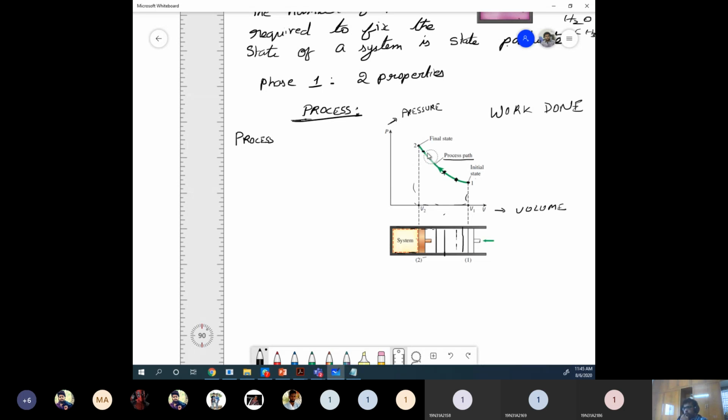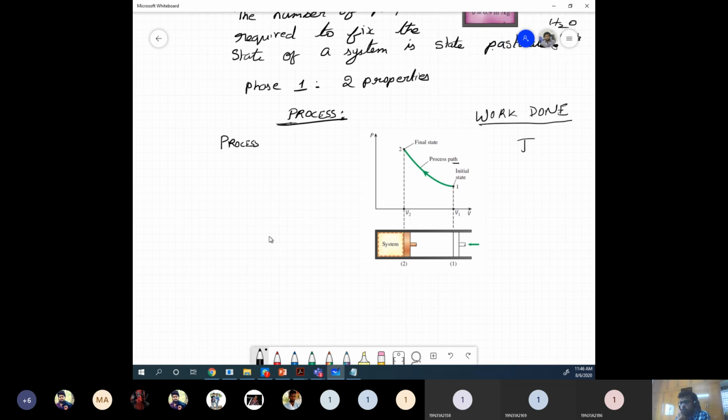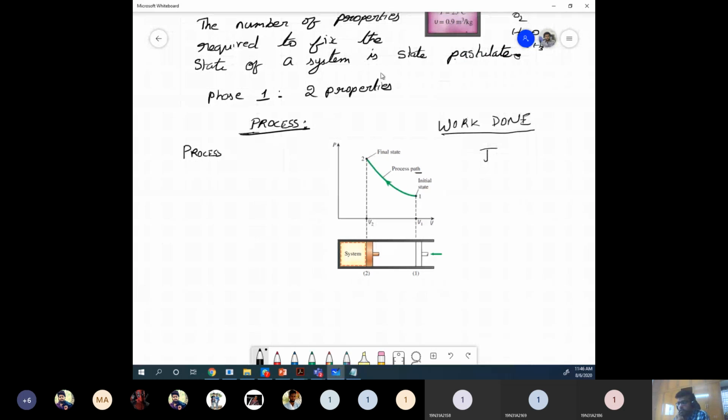You have to know what the process path is and how you make these plots. If you take the PV diagram and measure the area under this curve, then you get how much work you have done, in terms of joules. So they are very useful in thermodynamics, and that is why every process is given based on these PV diagrams.